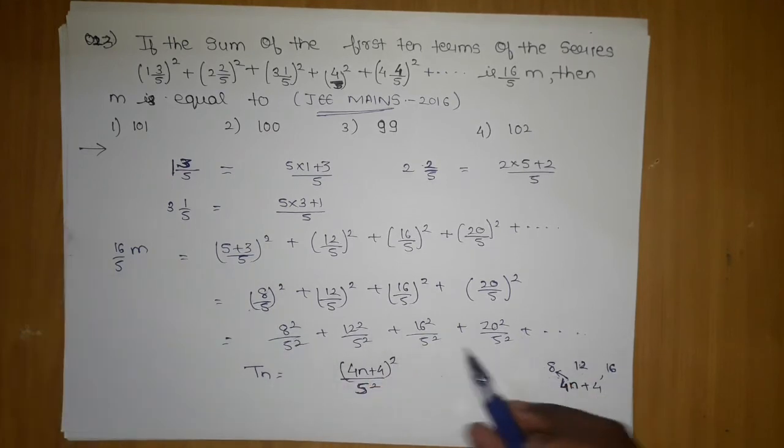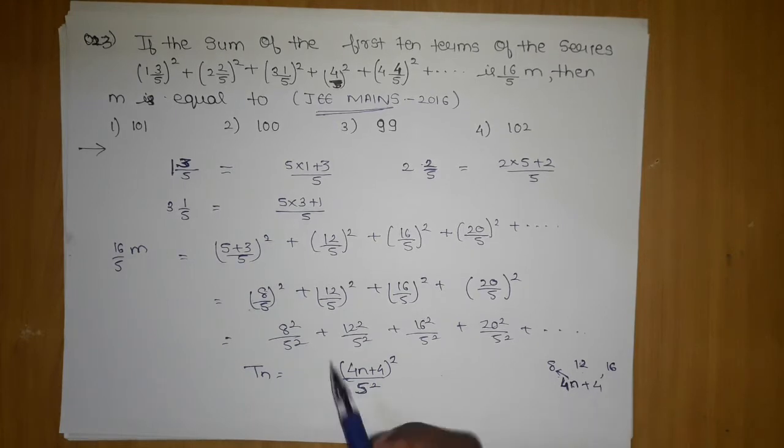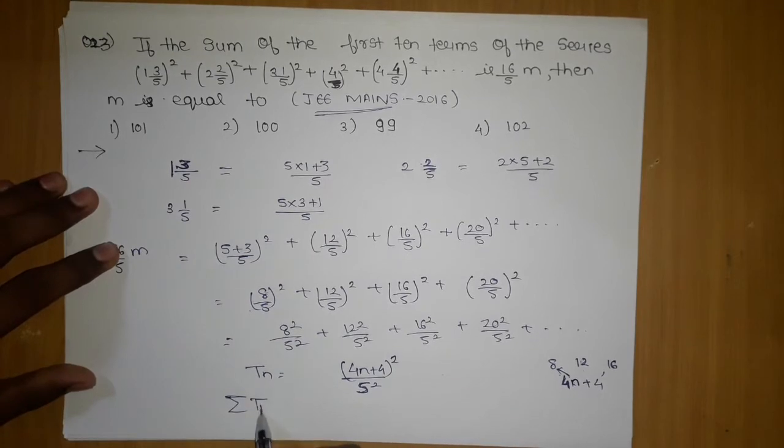I just arranged the terms. I know it will be square only, so I just consider the terms only. I took the difference, I came to know the difference is 4, so keep the difference, multiply it by n, and then add some number as required to get the first term, second term accordingly. After getting Tn, we can easily apply summation, which will give me Sn.